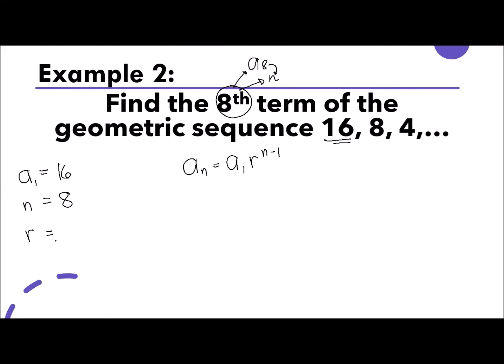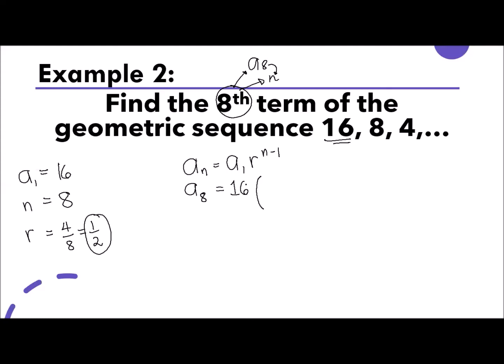Okay. Now, what's the value of our common ratio? So get two consecutive terms. Let's say that we have 4 divided by 8. If we're going to simplify it, that is equal to 1/2. Okay? So we're going to use 1/2. Then let's solve. Let us substitute. The value of n is 8. The value of the first term is 16.